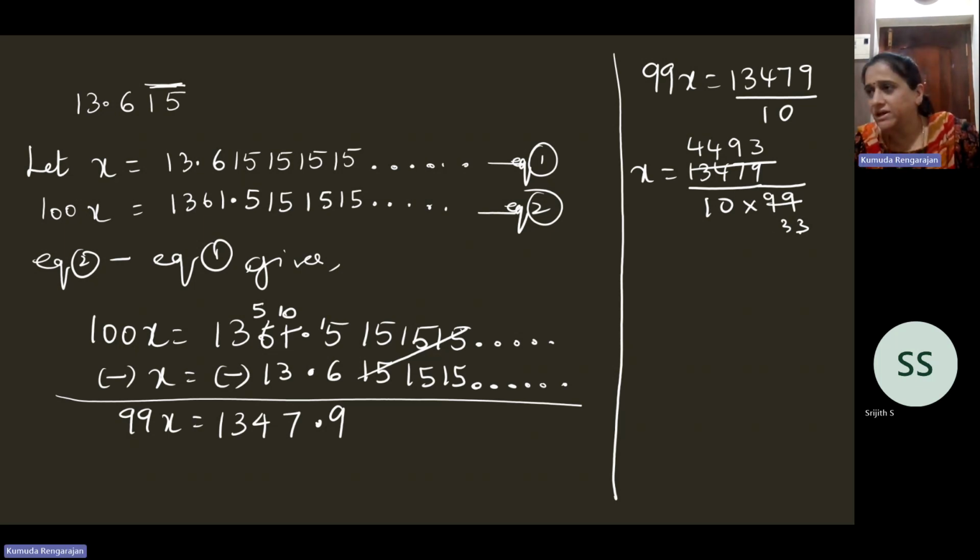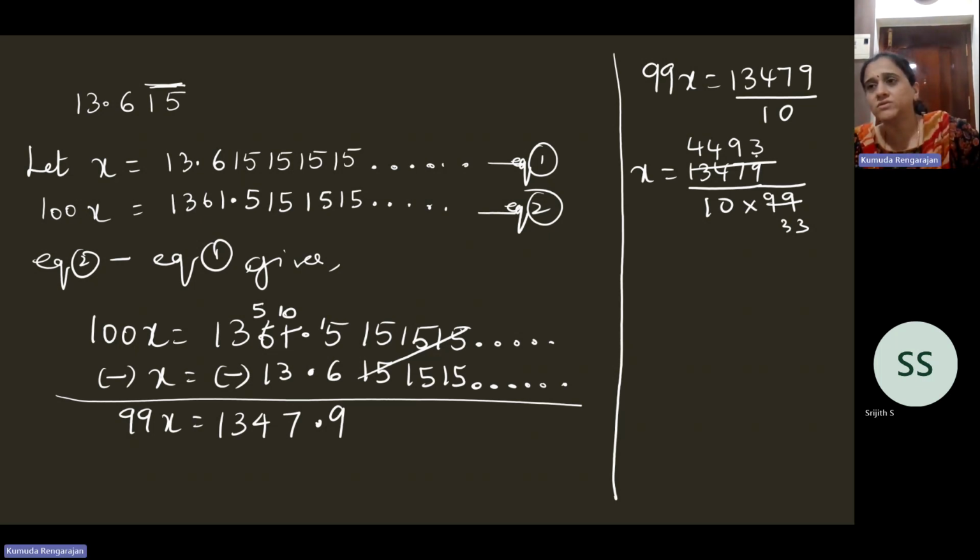Now, in the denominator you have 10, right? Can you simplify the numerator and 10? No, because 10 is divisible by 2 and 5, but the numerator is not divisible by 2 and 5. Then the other number. In the denominator, we have 33. 33 is divisible by 3 and 11.